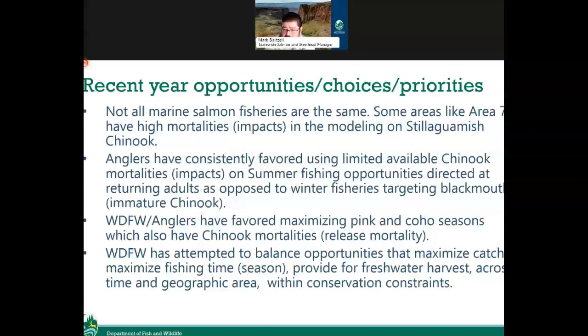And again, I talked about this earlier, but really we've worked hard to balance these opportunities, to maximize catch and fishing time on the water when we can, also provide for freshwater harvests, and do it across a broad geographic area of the coast and Western Washington, within our conservation limitations. Next slide, please.